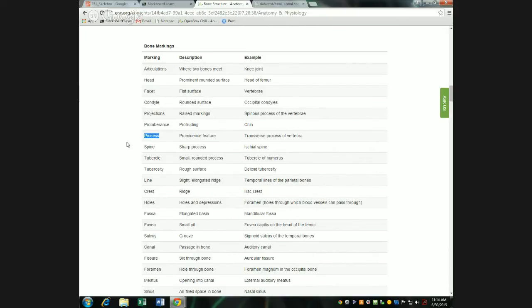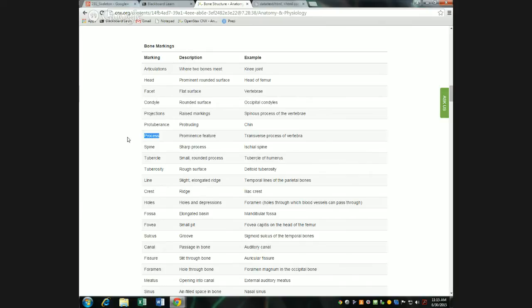And there are a number of different types of processes: projections, condyles, protuberances, spines, tubercles, tuberosities, crests, et cetera, et cetera. These are all different types of things sticking off. When we refer to something as just a process, it's usually a small sort of bump or spike on a bone.